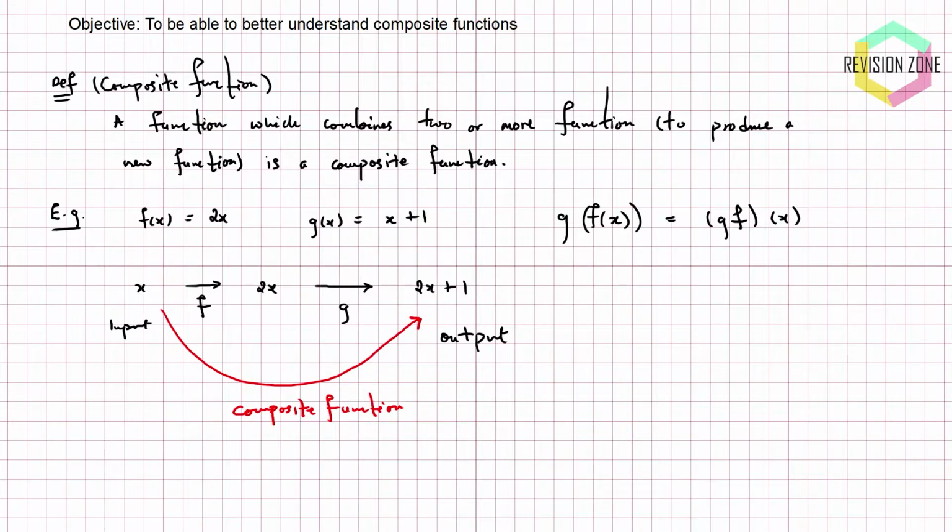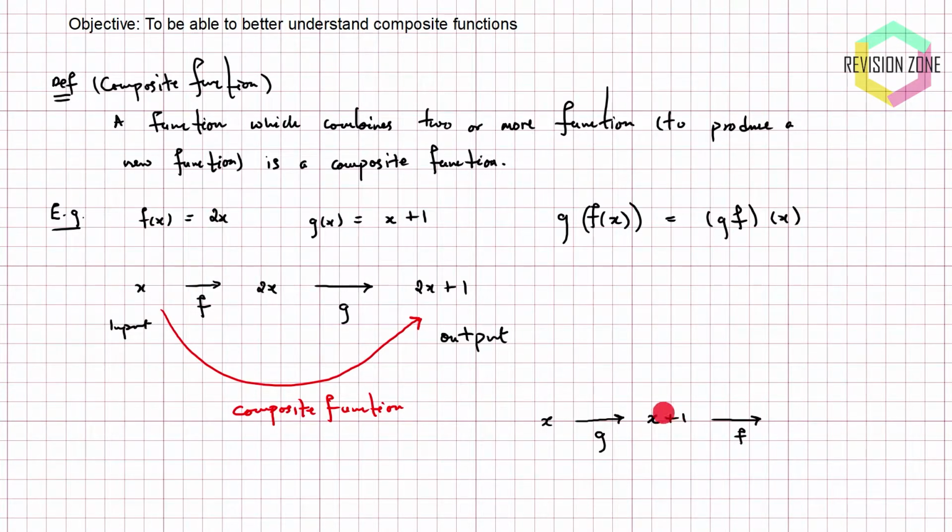Let's consider another example. So we might again start with an input x. But in this case, say we apply the function g first, okay? So what does g do? g just adds 1, so I'm going to get x plus 1. And then from here, say we go on and apply f, right? And now we need to think about what f does. Whatever the input is, f just doubles it, okay?